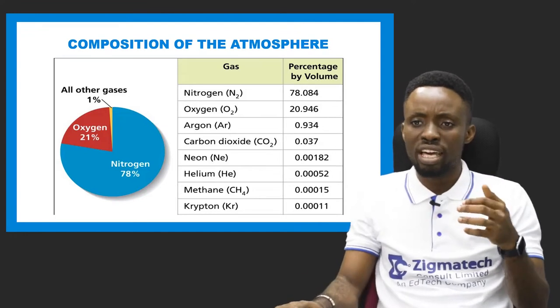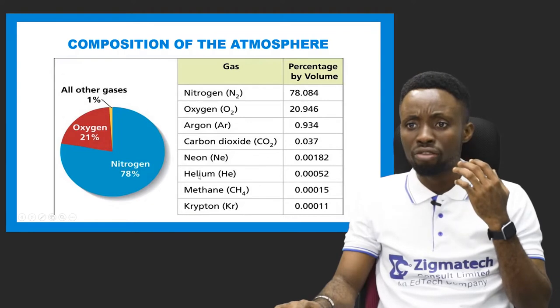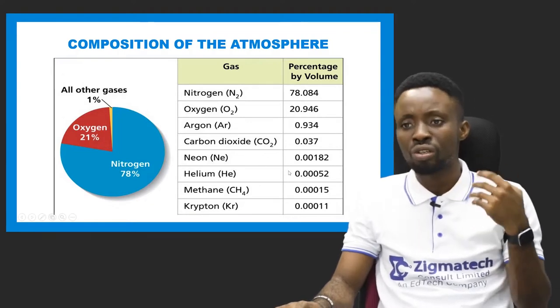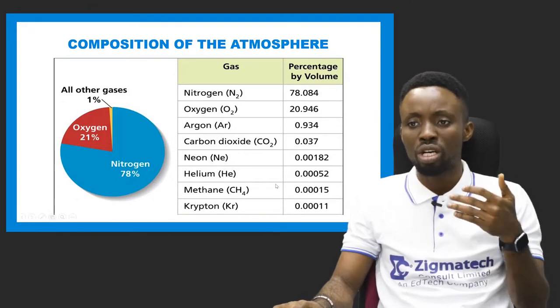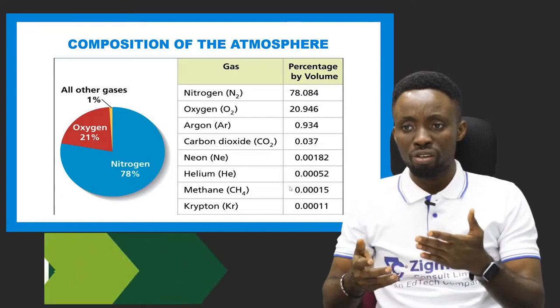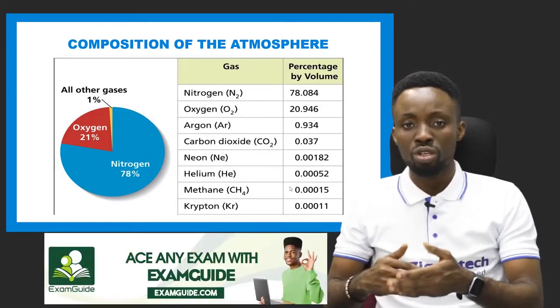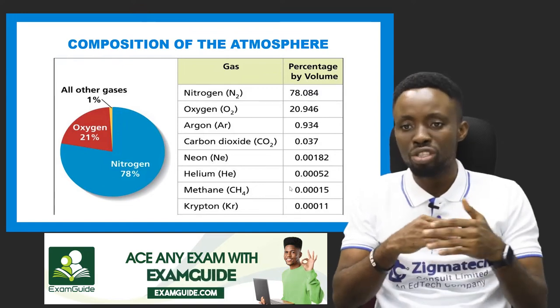Then we have noble gases like argon, about 0.934%. We have neon, about 0.00182%. Helium is about 0.00052%, which is approximately the same as neon.